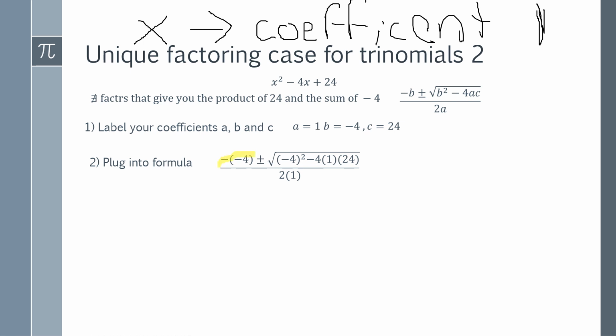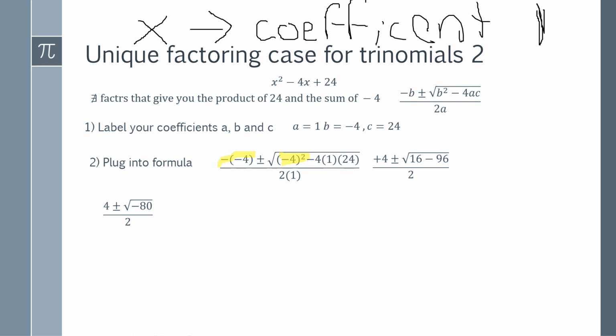So these two negatives are going to be rewritten as a positive, right? And we know that a negative to an even power is going to be positive. So you're going to have +4 plus or minus the square root of 16 minus 96, over 2. When you do that, you're going to have -80.